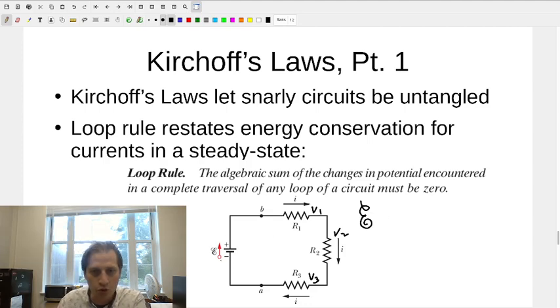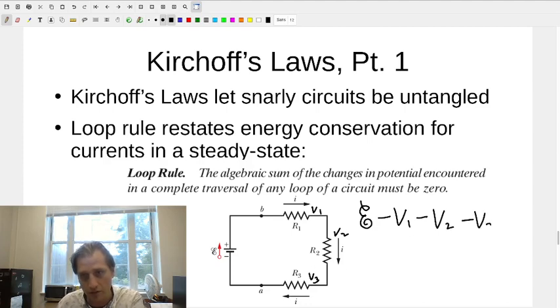If you go through the battery in the direction of the current, we count that as a positive voltage. If you go through a resistor in the direction of current, then we count that as a negative voltage. So here we're going to have minus V1, going through this resistor in the direction of the current, minus V2, and then minus V3, and then we say that equals 0.